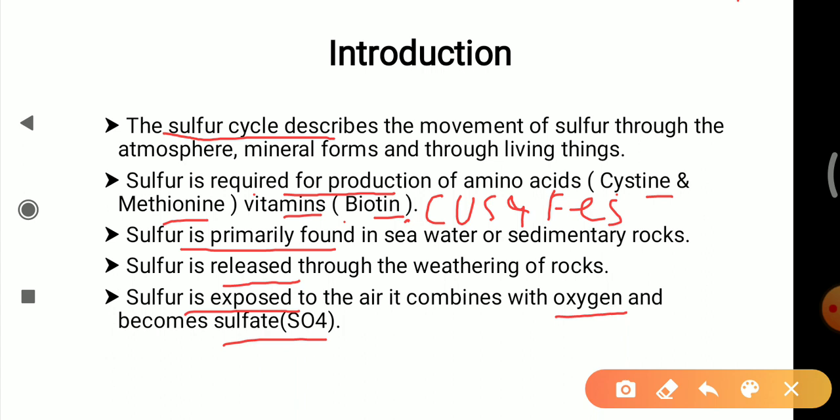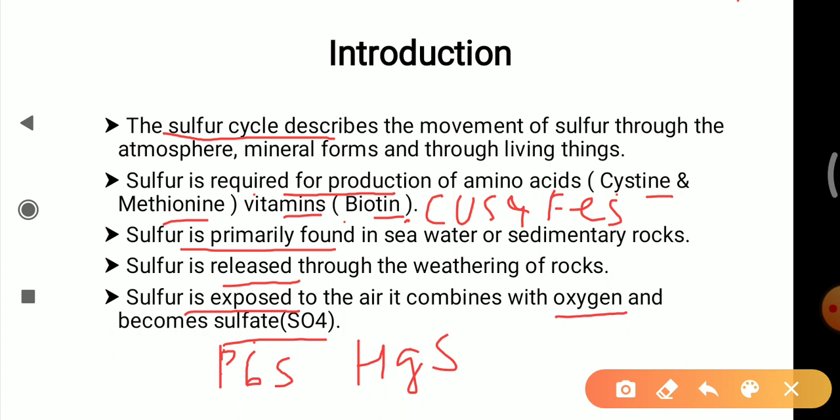Sometimes it also occurs in combination with several other metals, such as PbS, that is lead sulfide, and HgS, that is mercury sulfide. The examples are PbS and HgS.